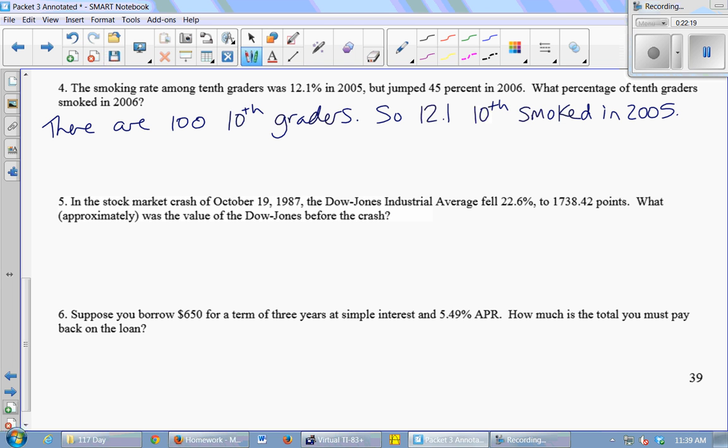So now, if we jump by 45%, we need to increase 12.1 people, 12.1 smoking 10th graders, by 45%. How do you increase a number by 45%?